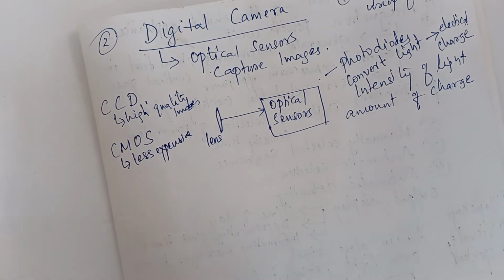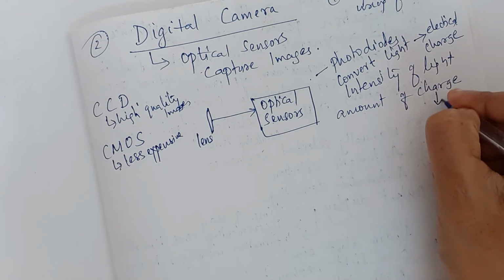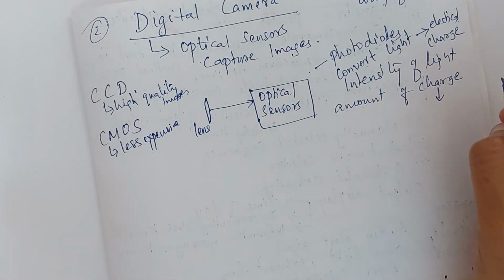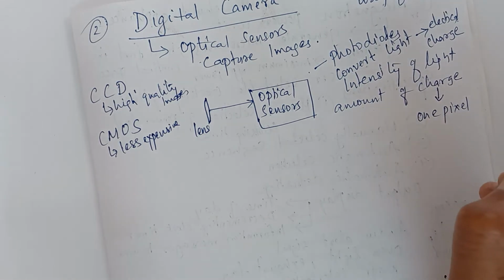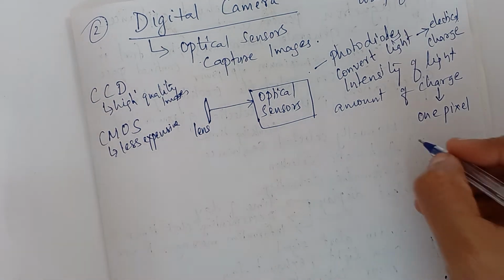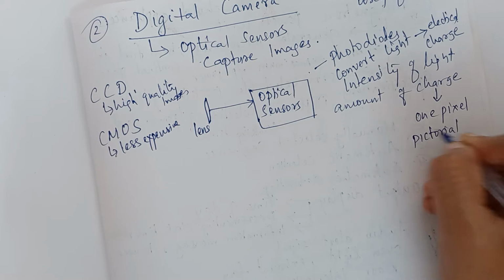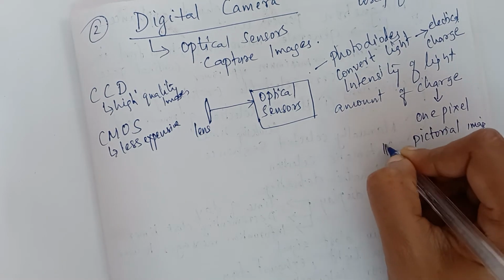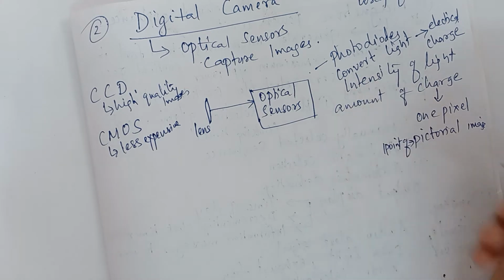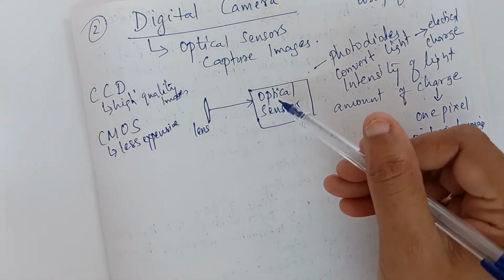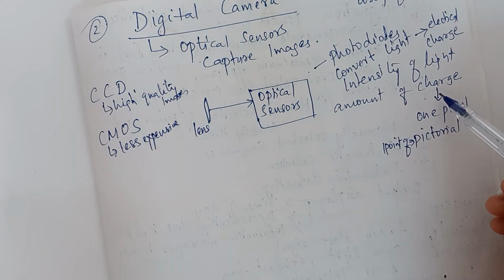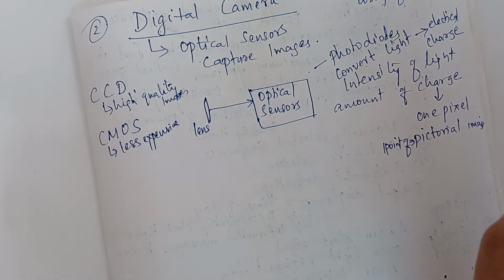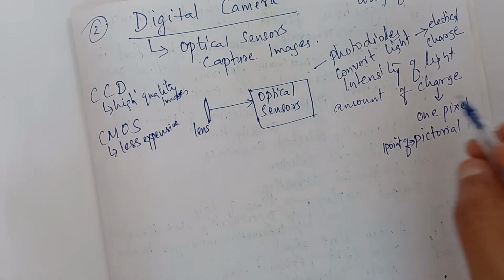Each sensing element generates a charge that corresponds to 1 pixel, that is, 1 point of a pictorial image. So what have we said? We talked about the optical sensor, the photodiode, and that the intensity can be known. Each sensing element generates a charge that corresponds to 1 pixel.